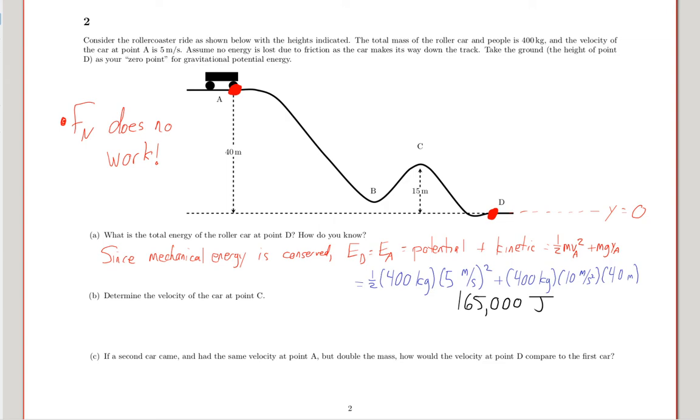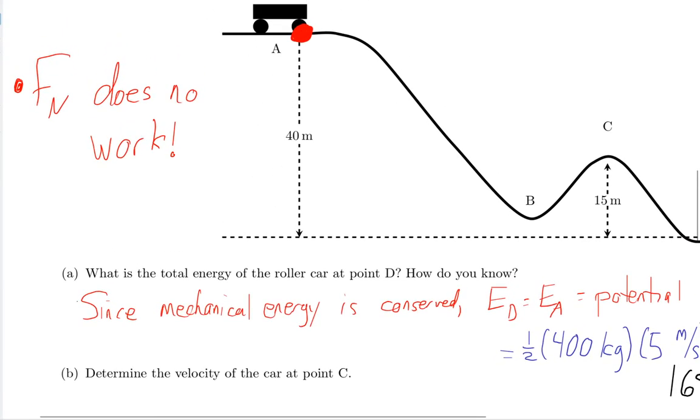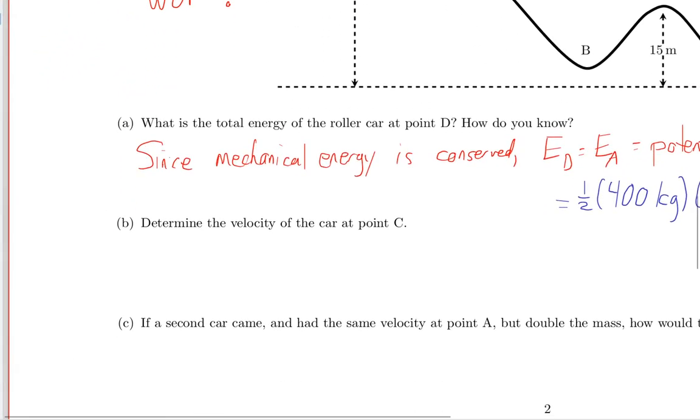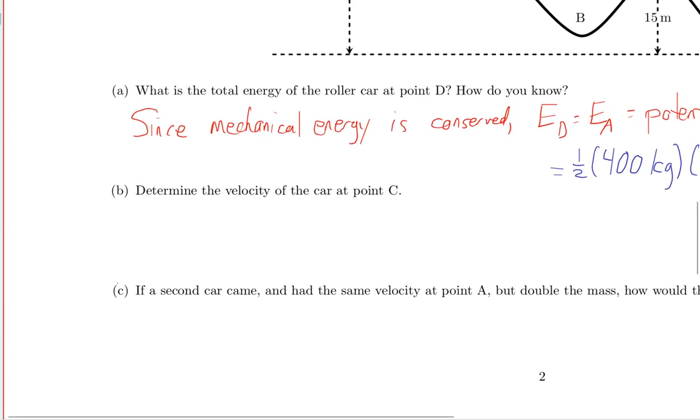Okay, on to part B. Determine the velocity at point C. That's 15 meters high. So I'm going to do again energy before equals energy after. So I've got 1/2 m v_A squared plus mg times the height of A equals 1/2 m v_C squared plus mg y_C.